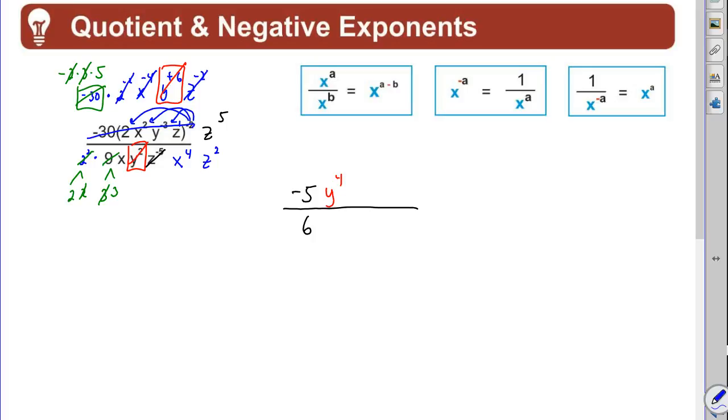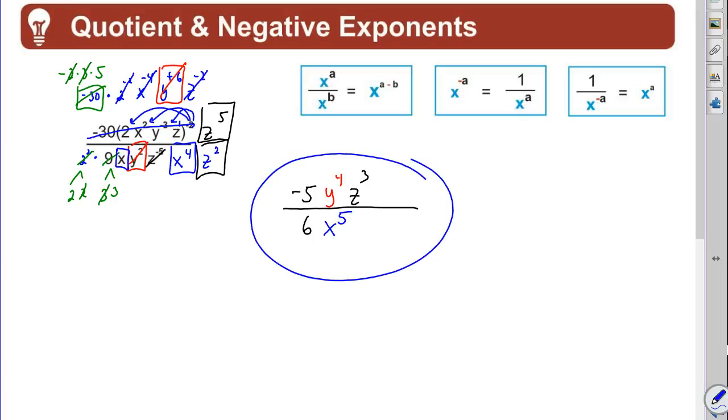The top, let's see, I still have a z, so let's do our z's. Z to the 5th divided by z squared is z to the 5 minus 2, or z cubed. And the last thing to deal with is the bottom. X to the a, x to the 1, times x to the b, x to the 4, equals x to the a plus b, or 4 plus 1 is 5.